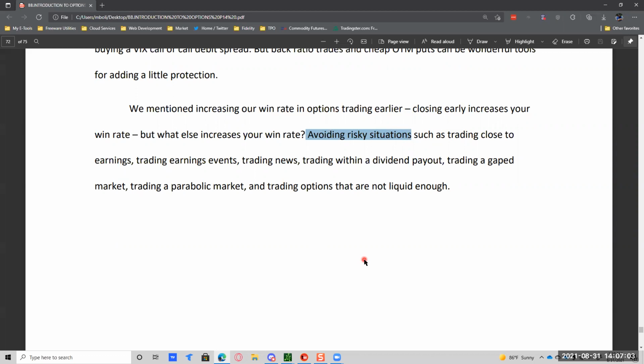And I get it. Every time somebody points out this crazy parabolic market that has literally gone to the moon, and they ask, is this tradable? I mean, I want in just as much as they do, but I just don't do it because it's a risky situation. I want to avoid risky situations.